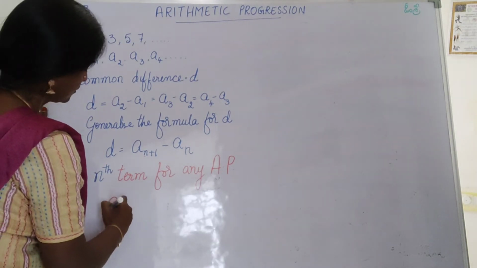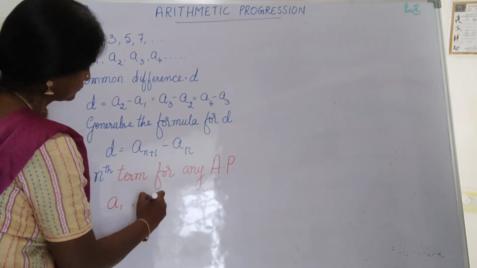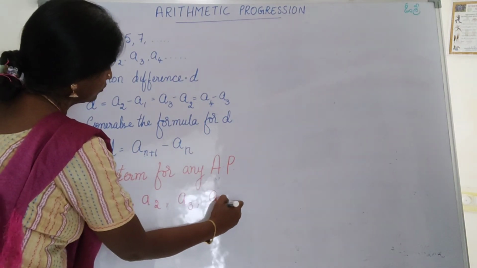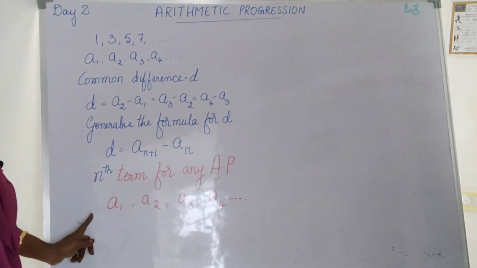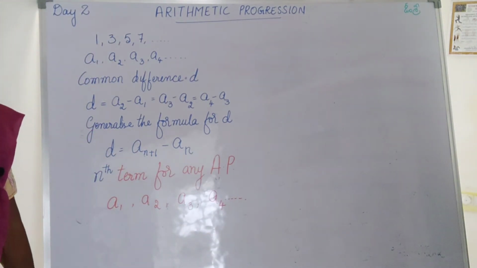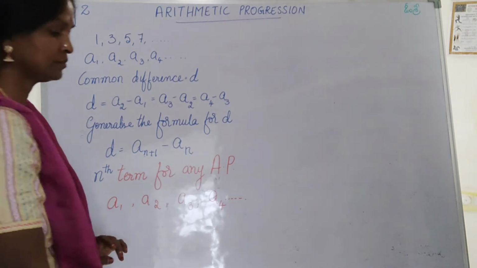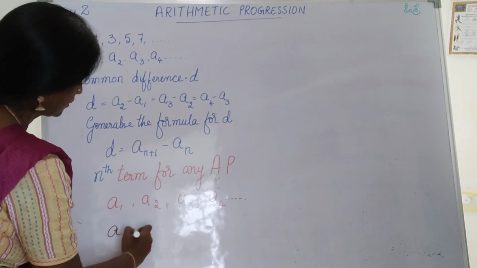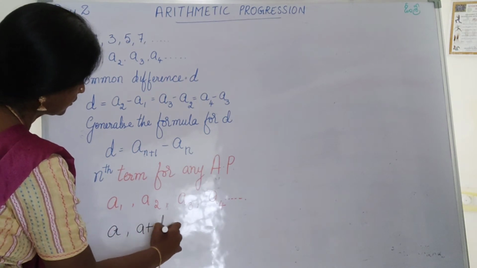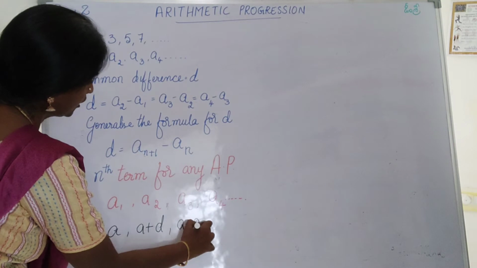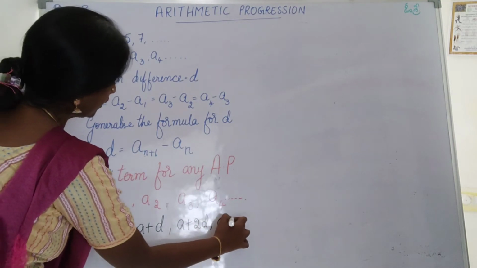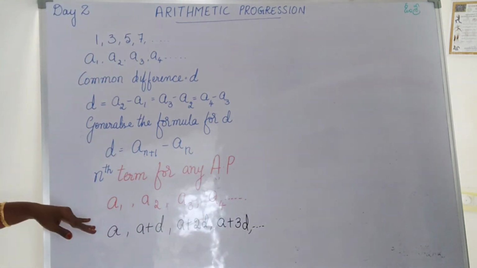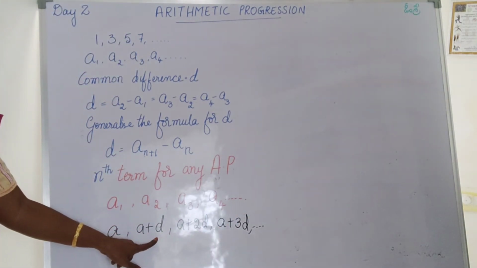We represent A1, A2, A3, A4 and so on as the terms in the arithmetic progression. So these terms can also be written as A, A plus D, A plus 2D, A plus 3D and so on, where D is the common difference.